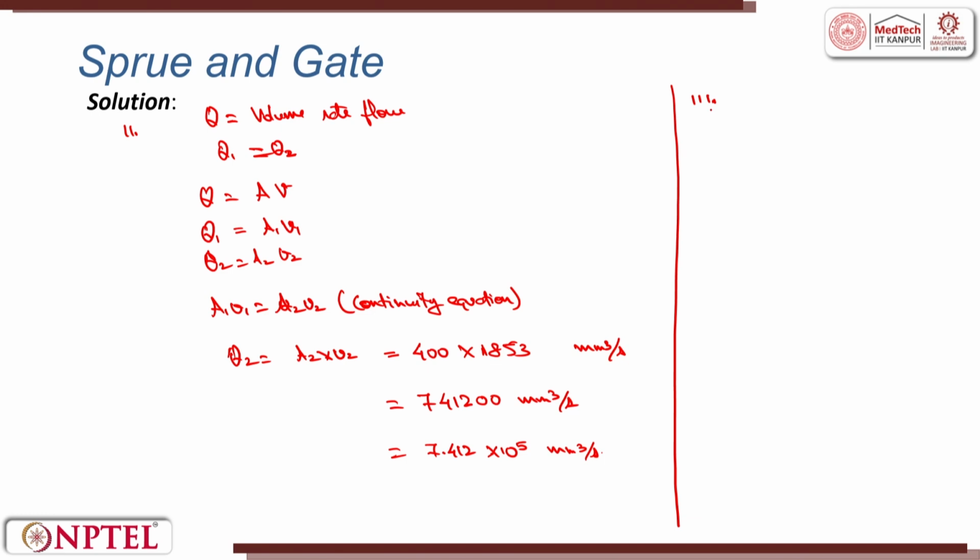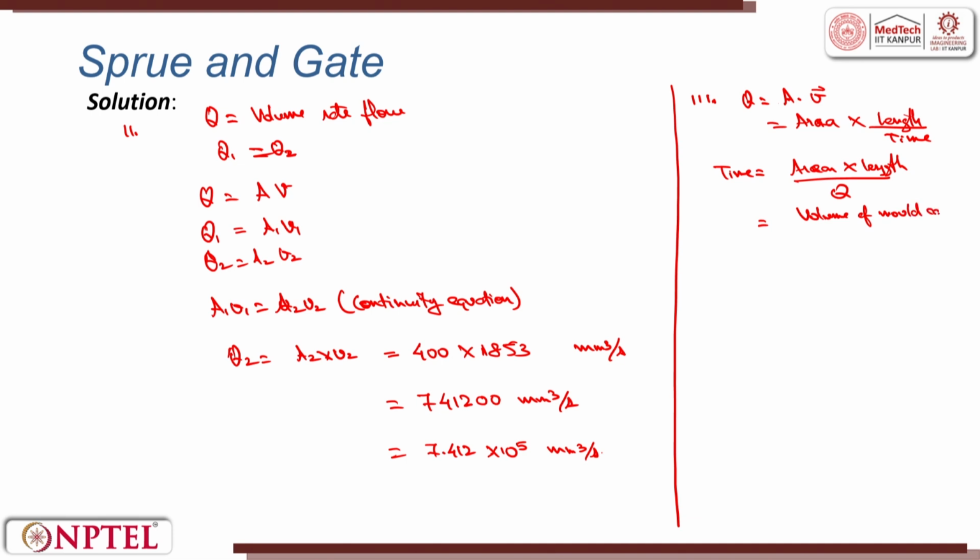Time required to fill the cavity: since we know Q is equal to area into velocity, which is area into length by time, the time would be area into length divided by Q, which is equal to the volume of the mold cavity over the volume flow rate.